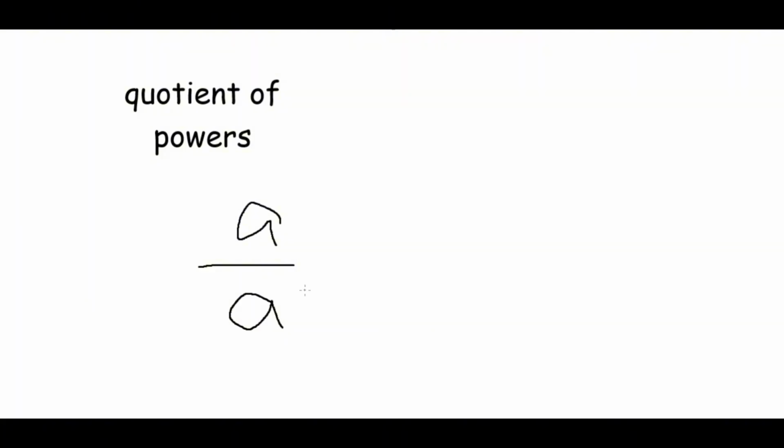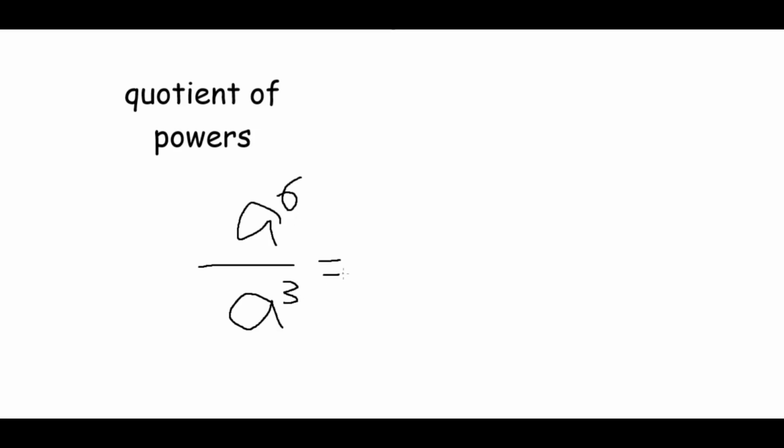Then we'll move on to our next one, which would be the quotient of powers. Quotient of powers will have a quotient, and we'll have the same base. The top one will be a to the 6th, and then we'll have a to the 3rd on the bottom.